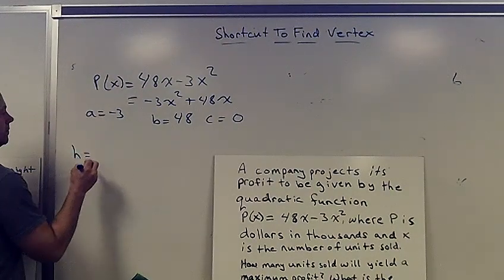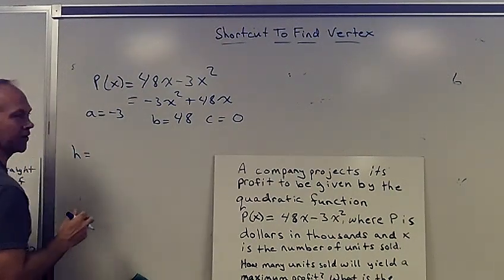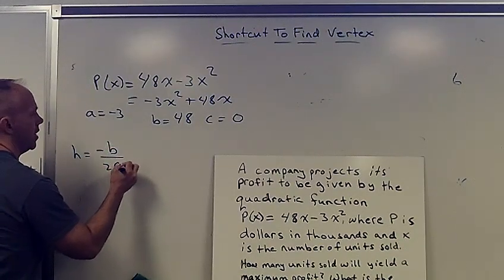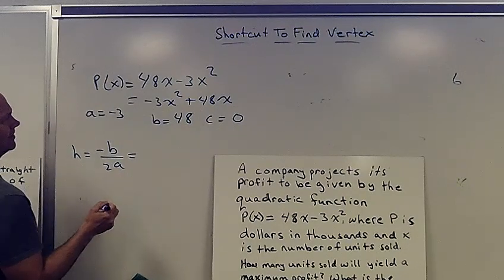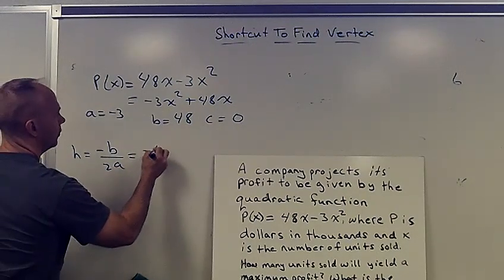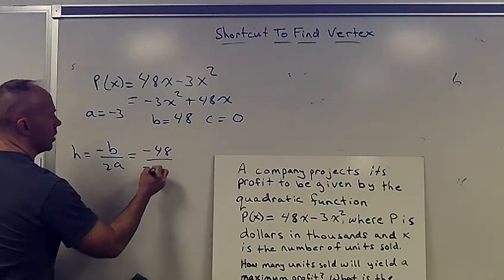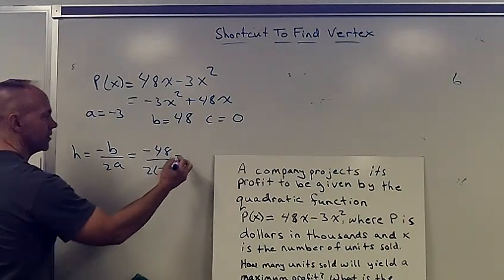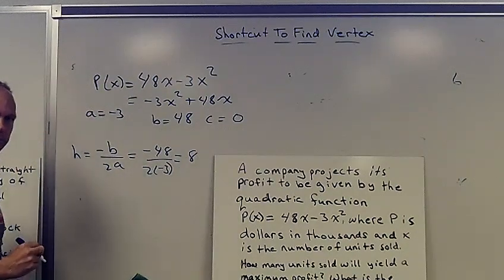So H, we're going to take the negative of B over 2 times A. So I'm going to take the negative of 48 over 2 times negative 3, and that gives me negative 48 divided by negative 6, which comes out to be 8. Cool.